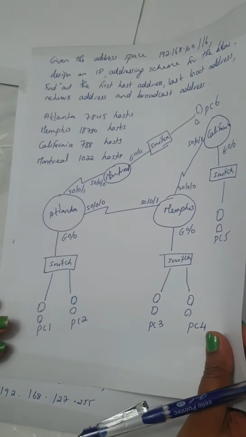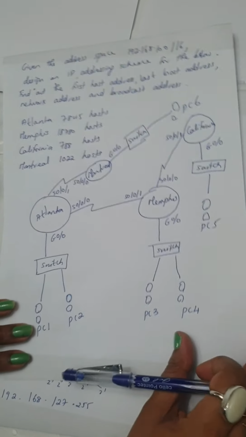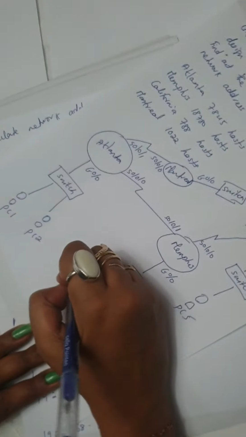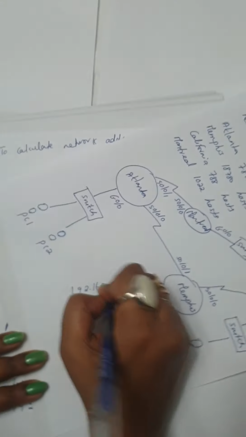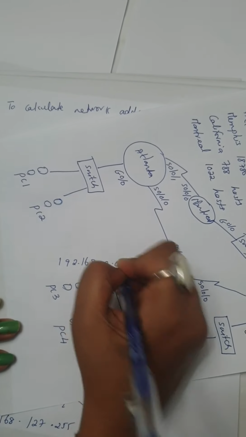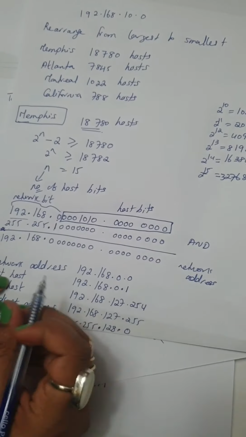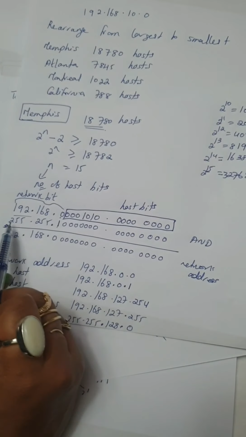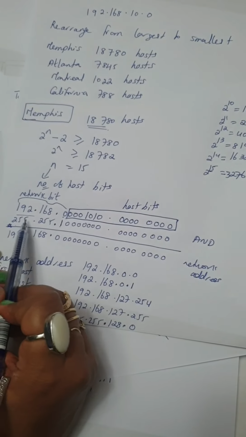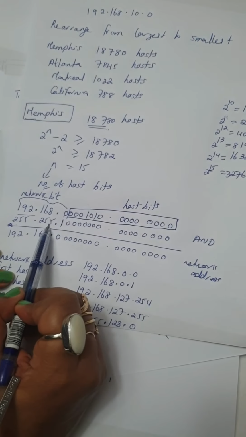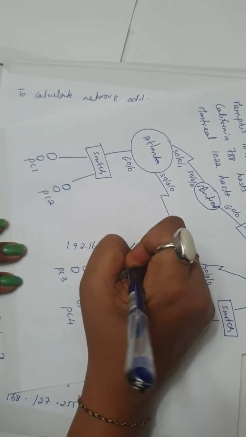So now let's see in the diagram. I have calculated this. The network address here is 192.168.0.0. It's a slash. How many ones do we have in our subnet mask? 8, 16, 17. It's a slash 17.